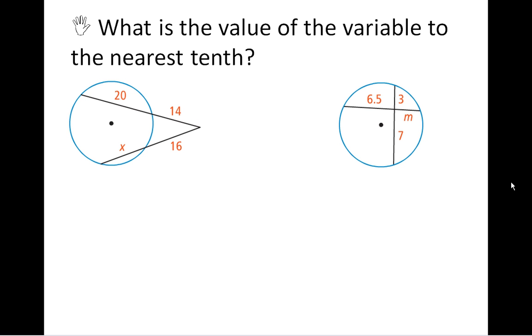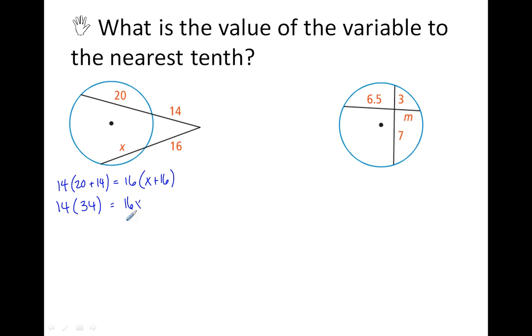Okay. Let's look at a couple other examples. Here again, we still got parts inside and outside. So we're going to do the outside part times the whole thing is going to be equivalent to the outside part times the whole thing. So we have 14 times 34 is equal to 16x plus 256.